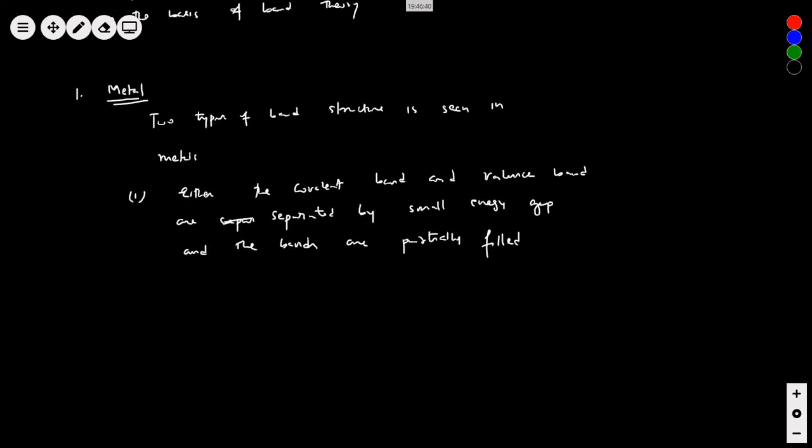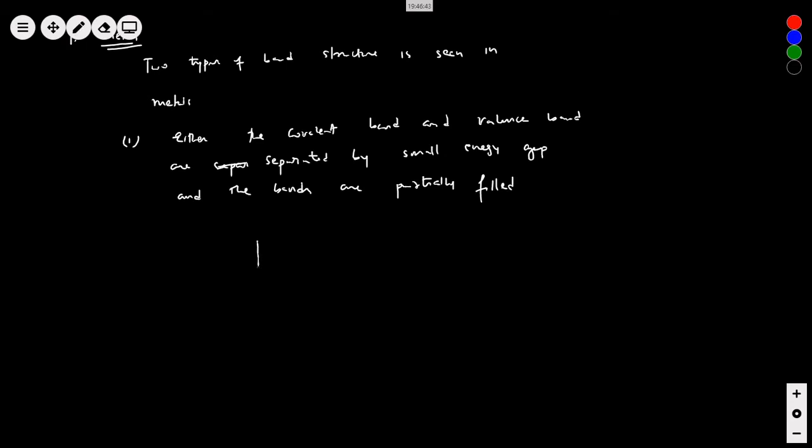Means, if you see, this is the conduction band, this is the valence band. So there are few electrons partially filled here. All these lines require two electrons; maybe one is filled, and a certain amount is partially filled.